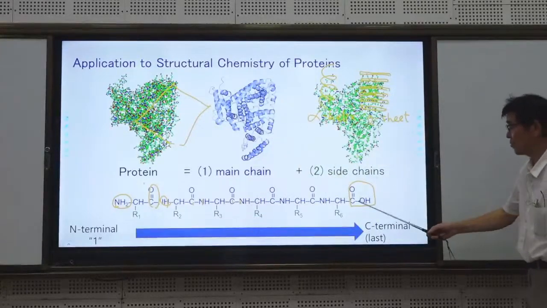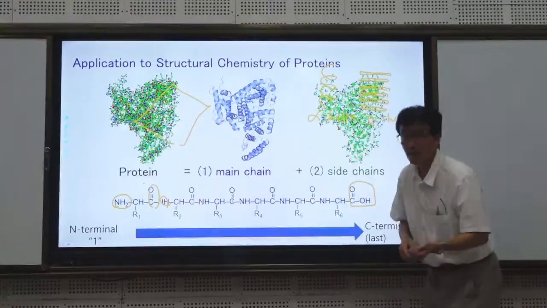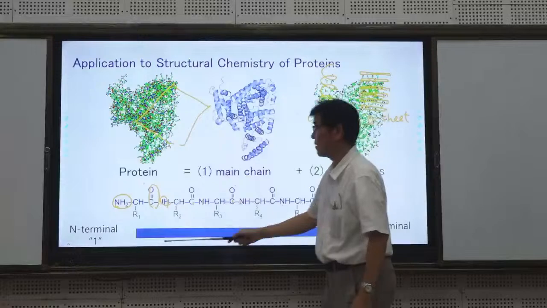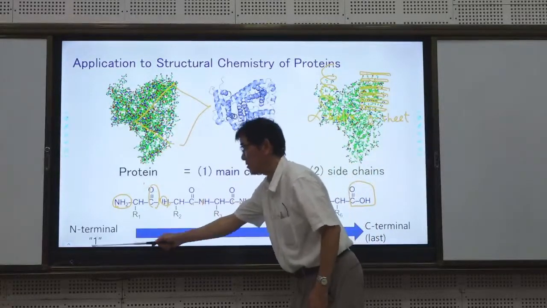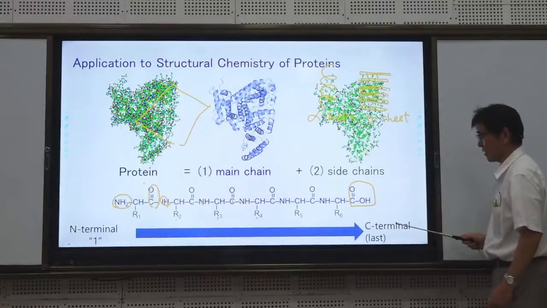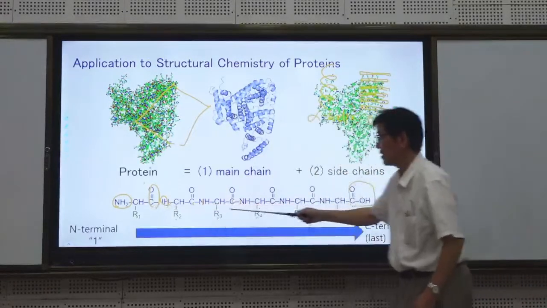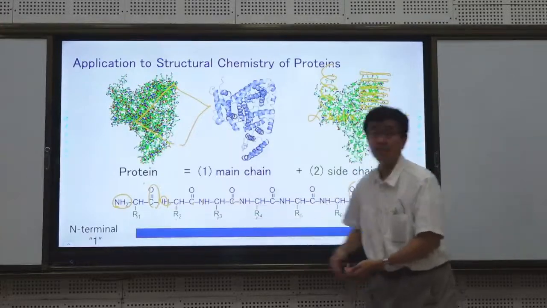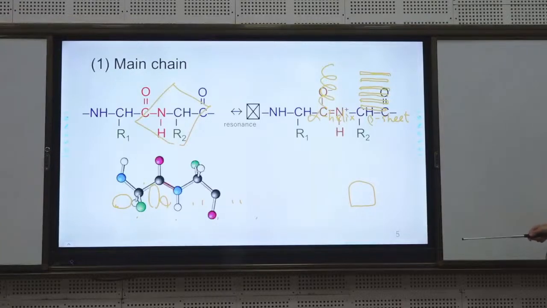This is a C terminal, carbon terminal, nitrogen terminal. And there is a consensus. Let's give the serial number about the amino acid from the N terminal. This is the first one, second one, third one, fourth one, and nth one. Okay? So, this is unique number, not opposite. So the serial number is given from N terminal to C terminal, nitrogen terminal to carbon terminal.